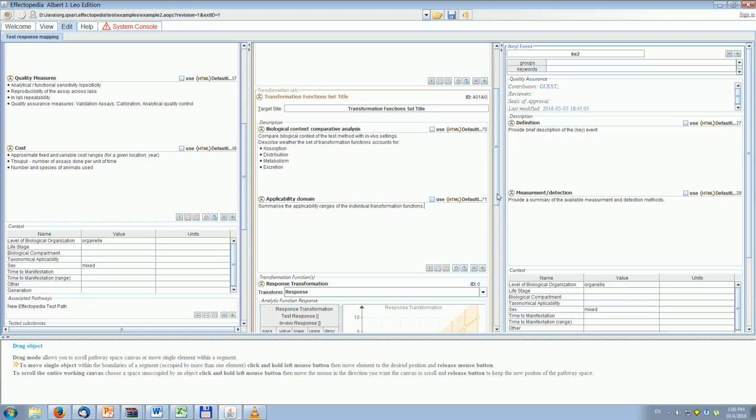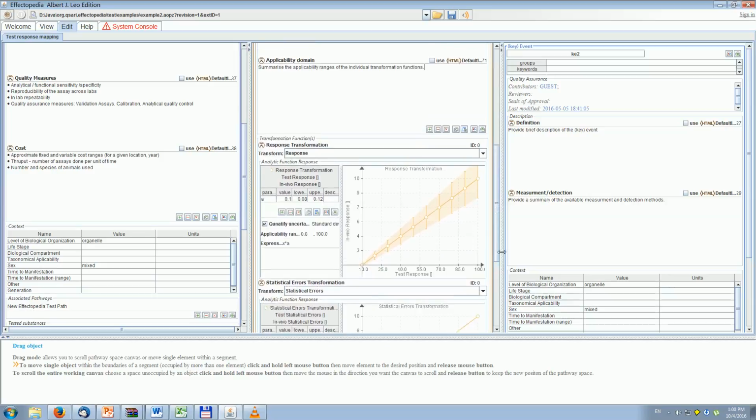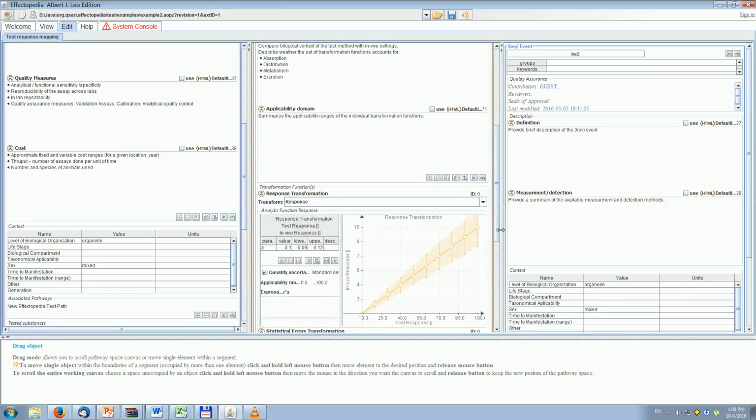Also, you need to provide some information about the applicability domain of this transformation function. Sometimes the functions are derived for specific chemicals. Sometimes they are more universal, and you need to specify that.